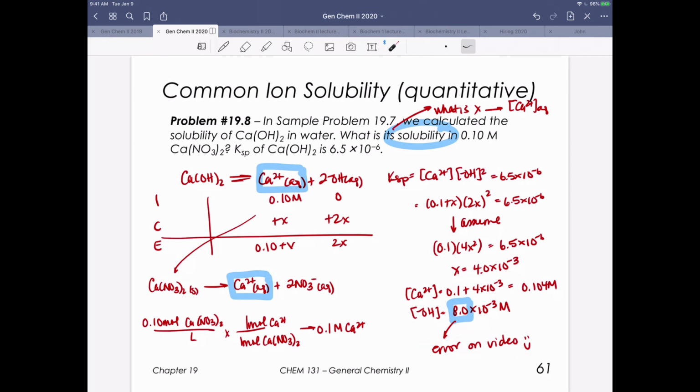If you happen to watch the video that's online for this, I believe there's a slight error on the video in terms of just reporting what this number is, but everything else is totally fine. But again, this could be a problem where I could ask you, what's the pH of this solution? And if that's the case, you'd have to take this hydroxide ion concentration and use that to determine pH.